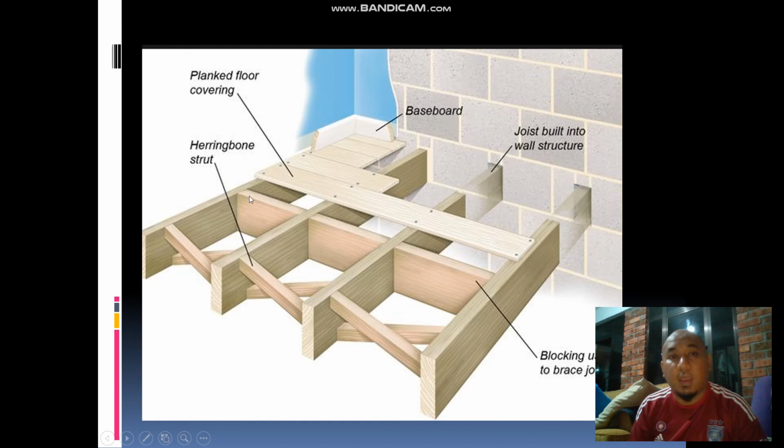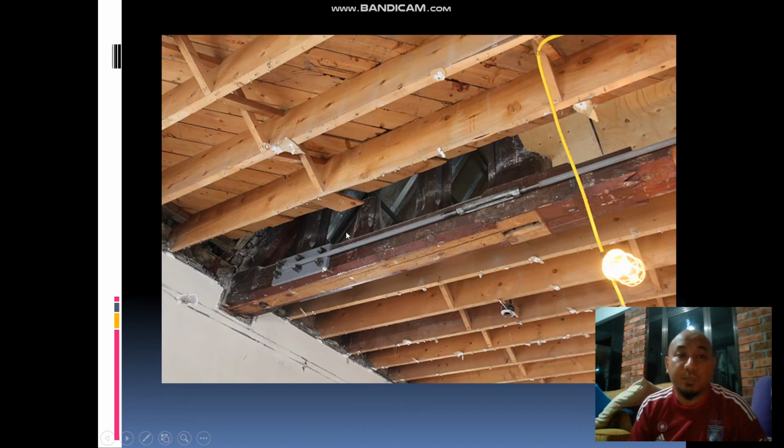So this is a herringbone strut, and then this one is a blocking used to brace the joist, and then they have the joist built into the wall structure. So when you look at these pictures, the joist is fixed to the wall, and then they have the baseboard, and then they have the plank floor covering.